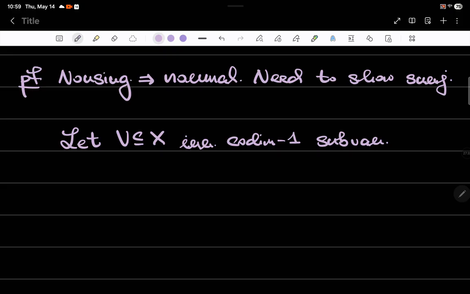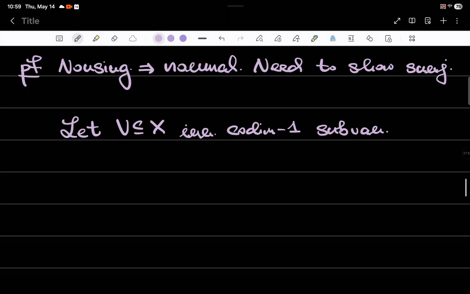subvariety. So I want to show that V is Cartier, and it suffices to do this for just a single codimension 1 variety, as we'll see, because any Weil divisor is an integer linear combination, and we can just locally cut it out by appropriate equations.